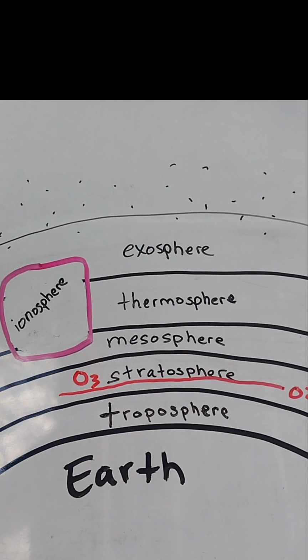Another layer that you might hear talked about is the ionosphere, and this actually encompasses 3 layers of the atmosphere: the mesosphere, the thermosphere, and part of the exosphere. So when an atom becomes electrically charged, it's an ion, right? And when an atom becomes an ion, we call it ionized. Here is where the solar radiation ionizes gases. This is also where radio signals travel.